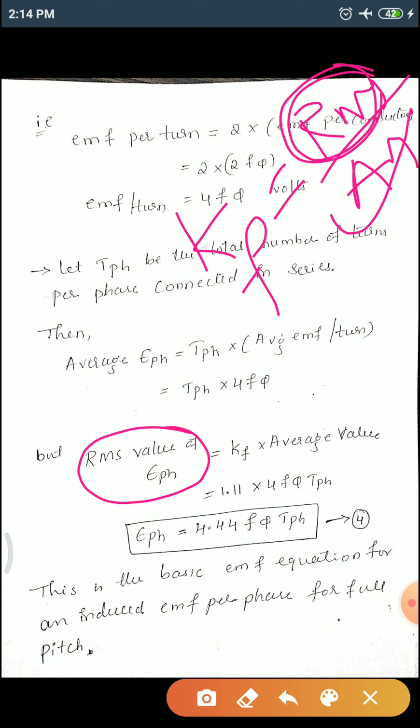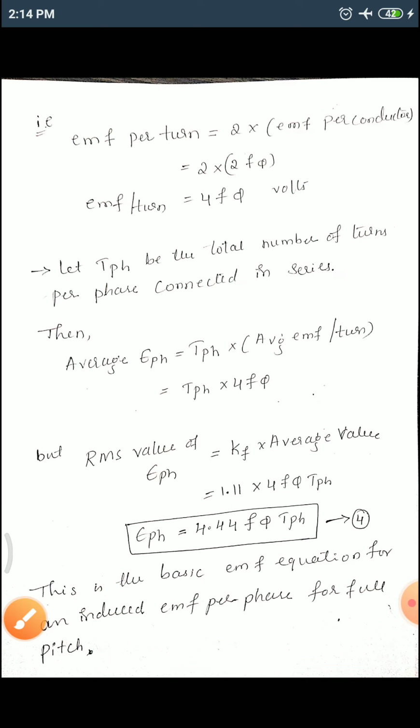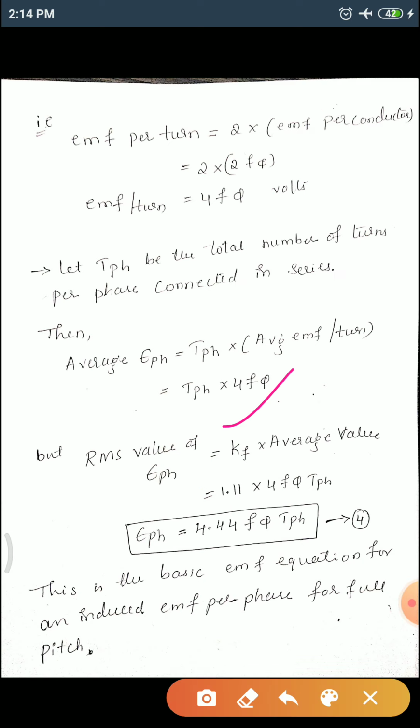Take the RMS value of E phase as equal to K_f into the average value, where K_f is the form factor. Don't confuse it with the pitch factor, that is K_p, and K_c and K_d we have taken. Here it is K_f, the form factor, and K_f is nothing but 1.11.